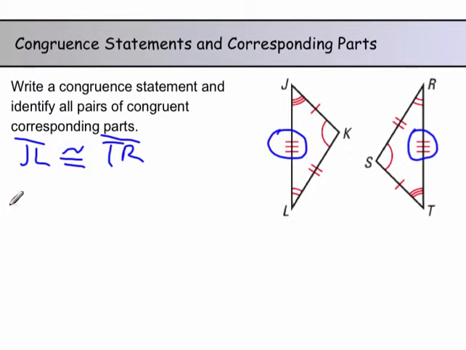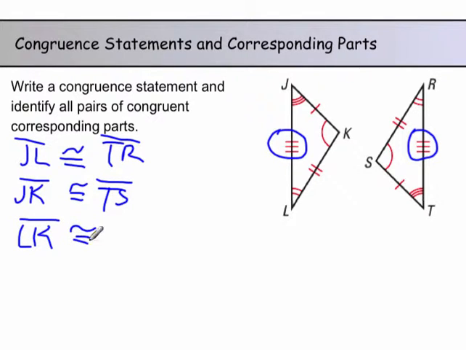So I could say that line segment JK is congruent to TS. And likewise with this one that has the two lines through it, line segment LK is congruent to line segment RS.